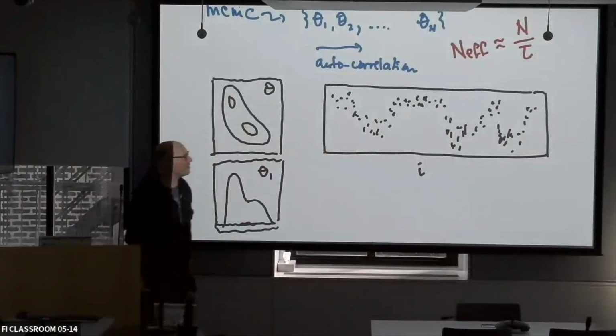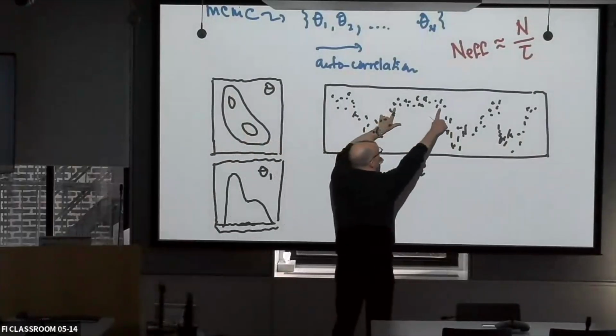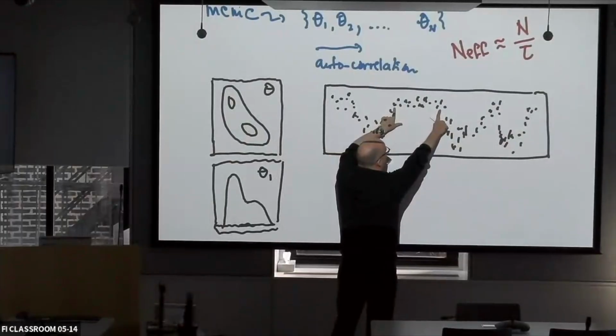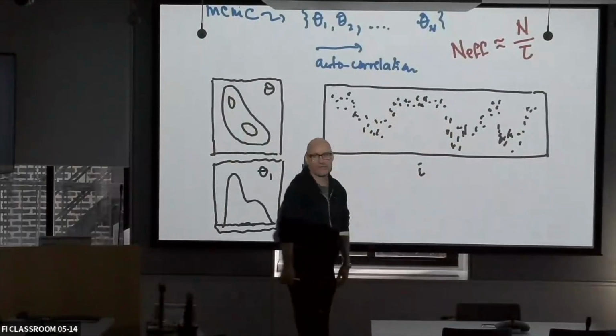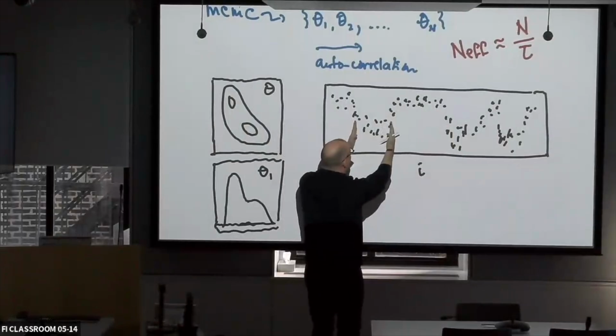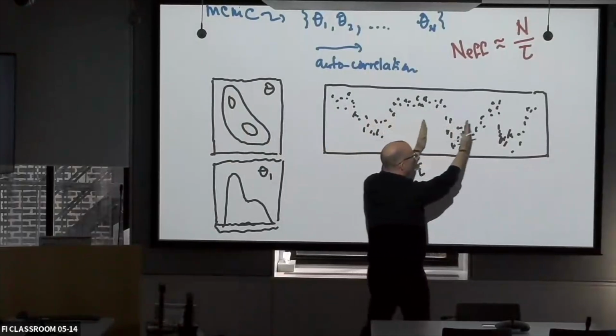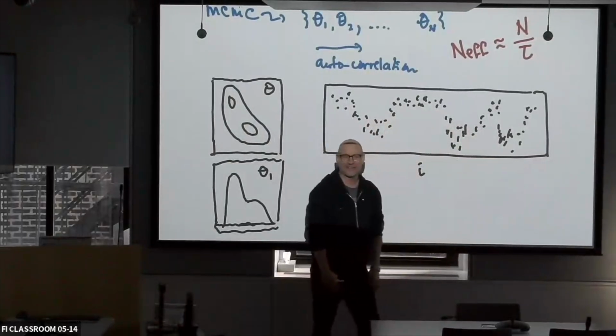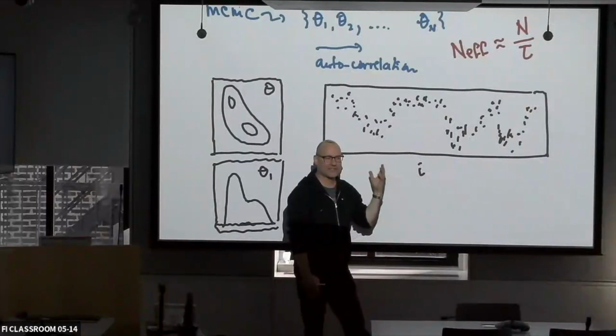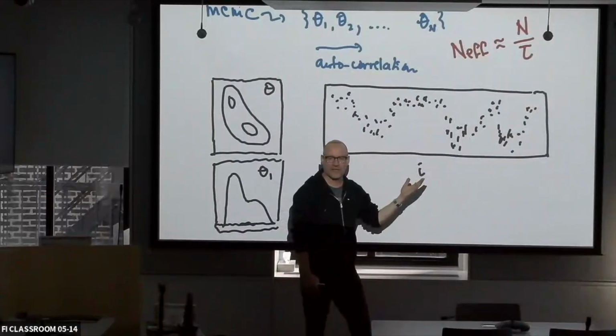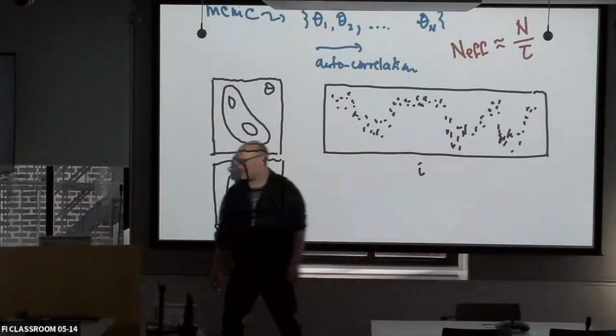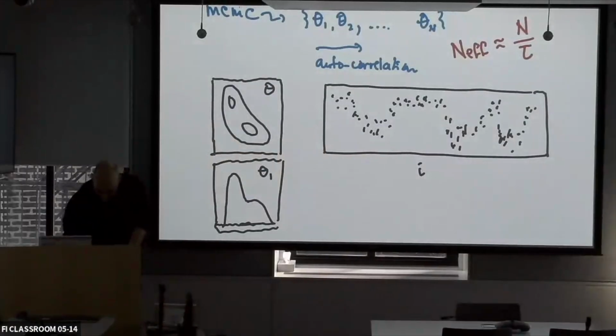And so all of these samples here are in the one mode. All of these samples are in the other mode. That suggests that you have an autocorrelation time of something like this. You can just see it in a plot like this. Tau is on that order, just roughly, just looking at it.